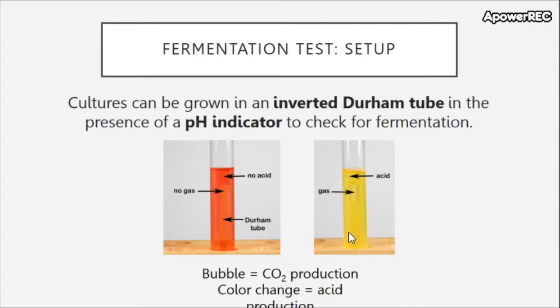However, since you put this inverted tube here, you have a way to capture some of that gas. Some of that gas will rise up, hit the top of the inner tube and get stuck, and it will show up as a gas bubble. A gas bubble is indicative of CO2 production.